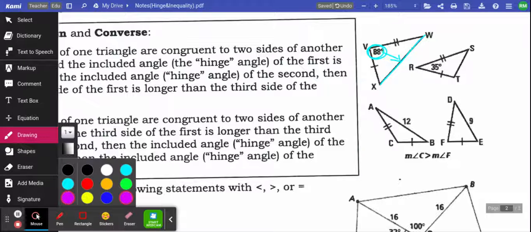And then we have the angle that is 35, and across from it is ST. Notice that they have matching side lengths. This is the hinge angle they're talking about. Since this hinge angle is larger than this one, that means that XW is larger than ST.